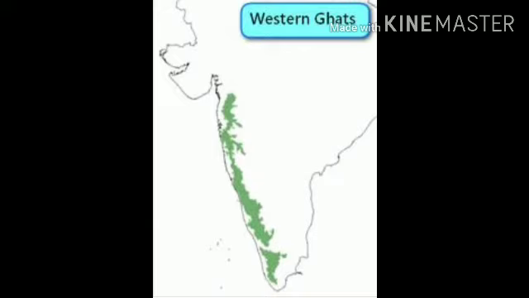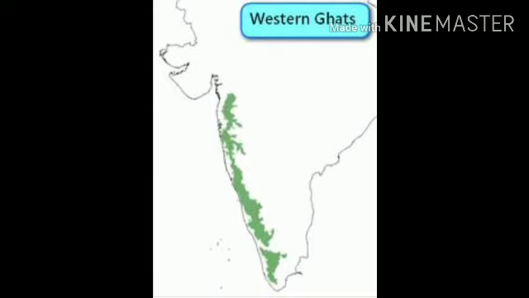Pass means a natural way between hills. So the Western Ghats are a continuous range which can be crossed by only some passes like Thal Ghat, Bhor Ghat and Pal Ghat.